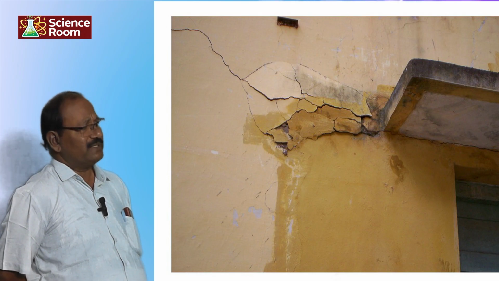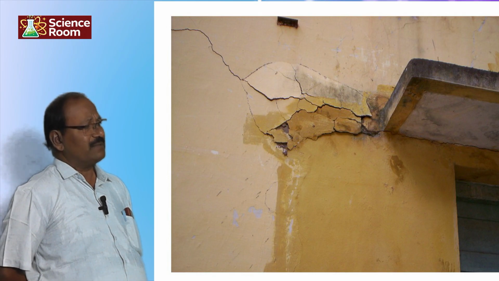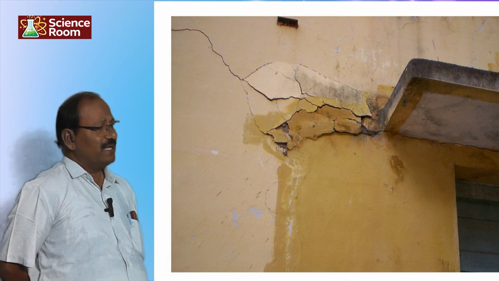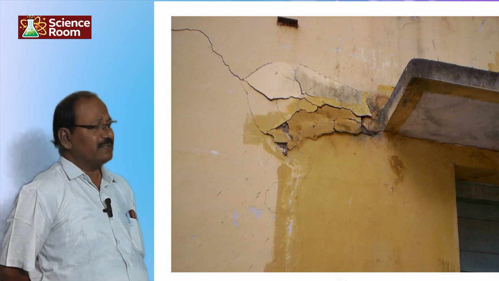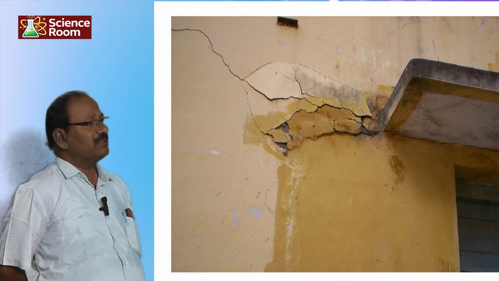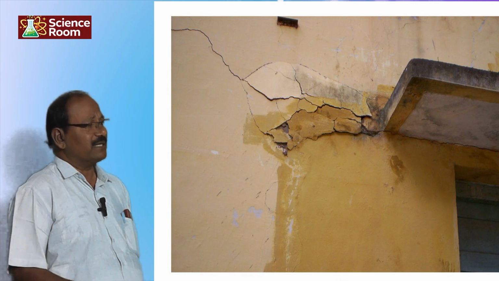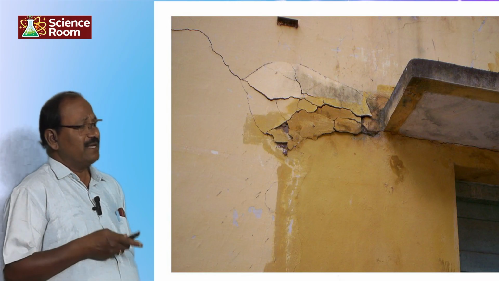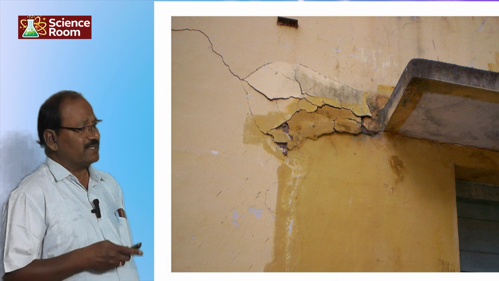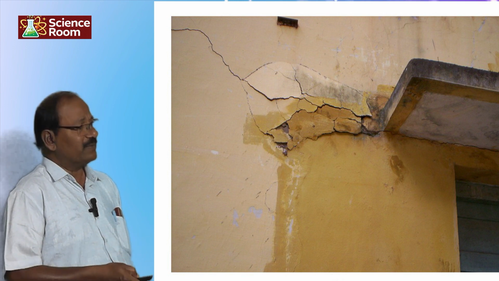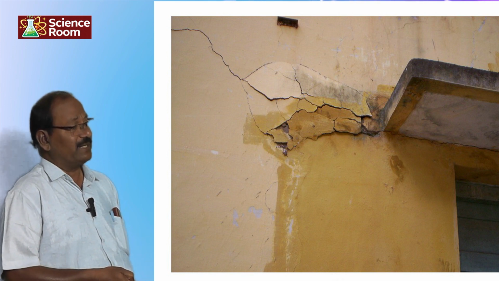When the hoop stress exceeds the tensile strength of the concrete or the plaster, the concrete deteriorates. This cracking starts. So this is how it has come. The stress produced by the corrosion product exceeds the tensile strength of the materials. That is why the concrete cracking has taken place here.